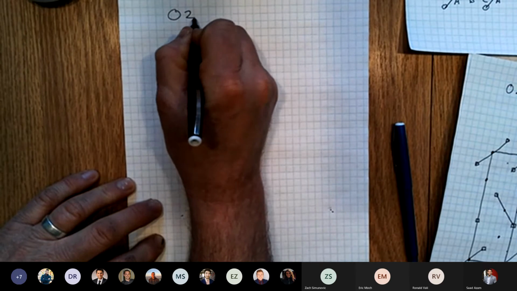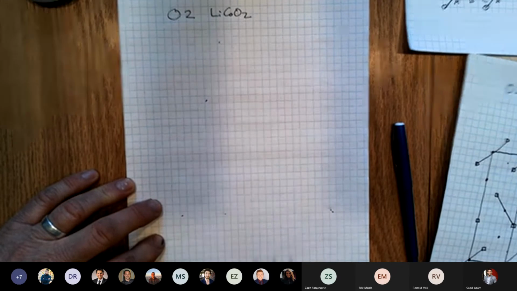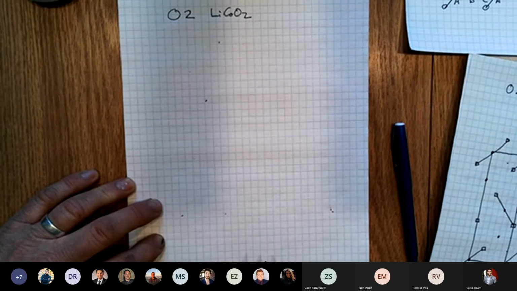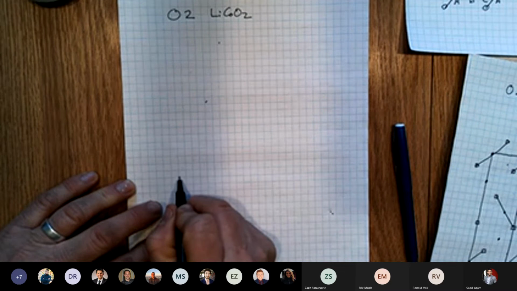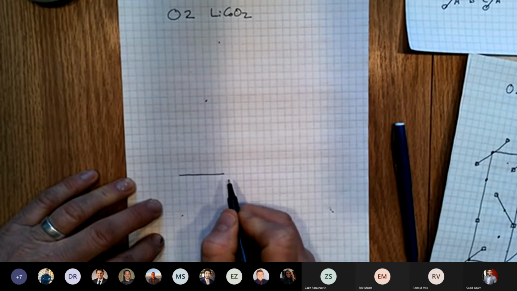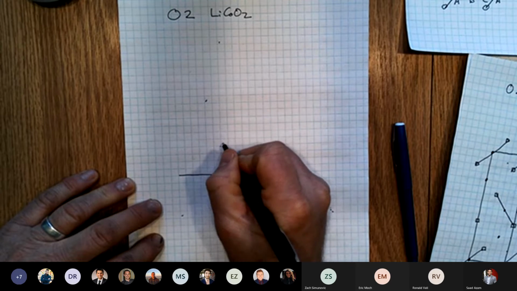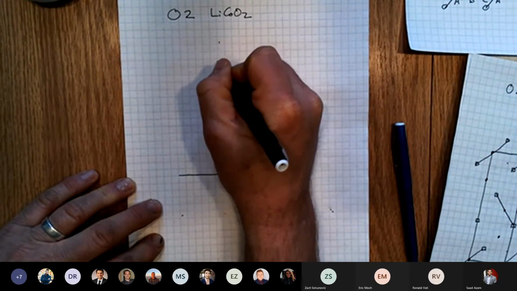So this is O2 structure, lithium cobalt oxide, okay? So this means it has two cobalt oxygen slabs in the unit cell, and the lithium is octahedrally coordinated. And what does it look like? Well, we'll draw it. 1, 2, 3, 4, 5, 6, 7, 8.